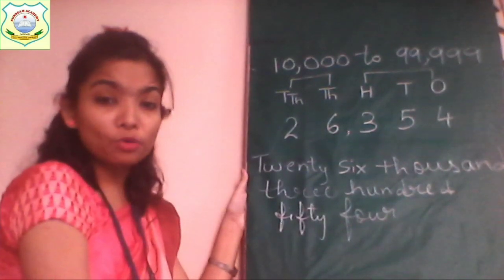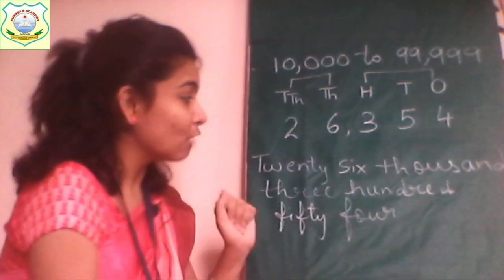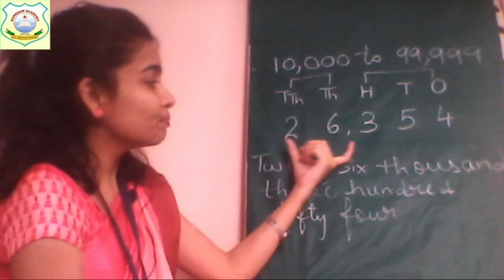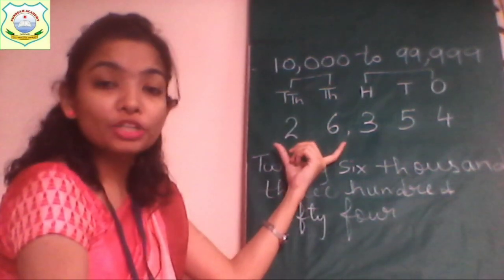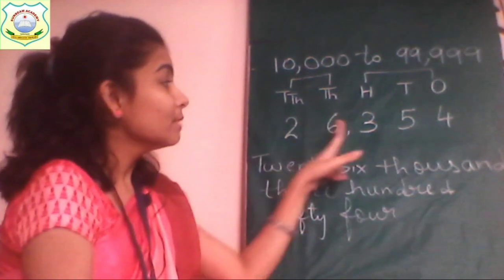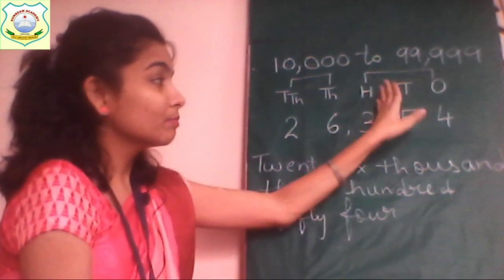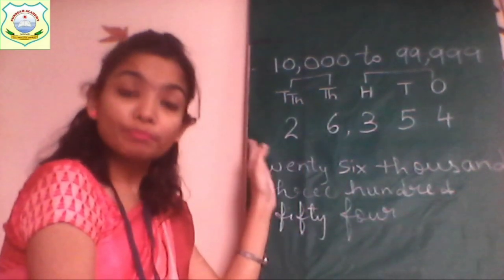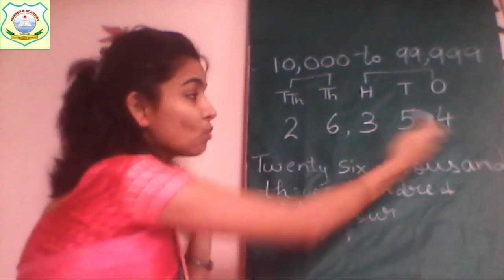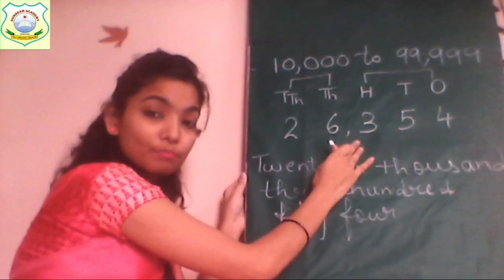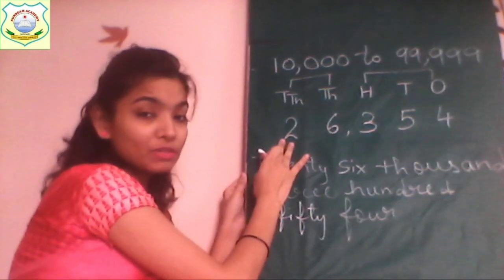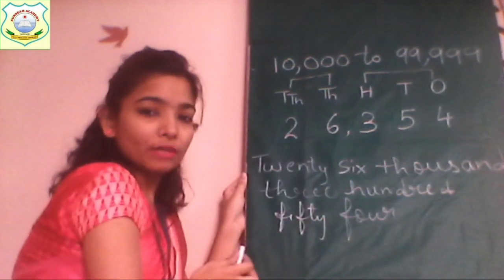So now I hope that this is clear to you, how to write in words. First you have to remember where you need to put the comma, then only you can write it properly. There will be a comma after every family, or we call it every period. 1s, 10s, 100 come in one family or ones period, 1,000, 10,000 come in the thousands period. So there will be a comma.